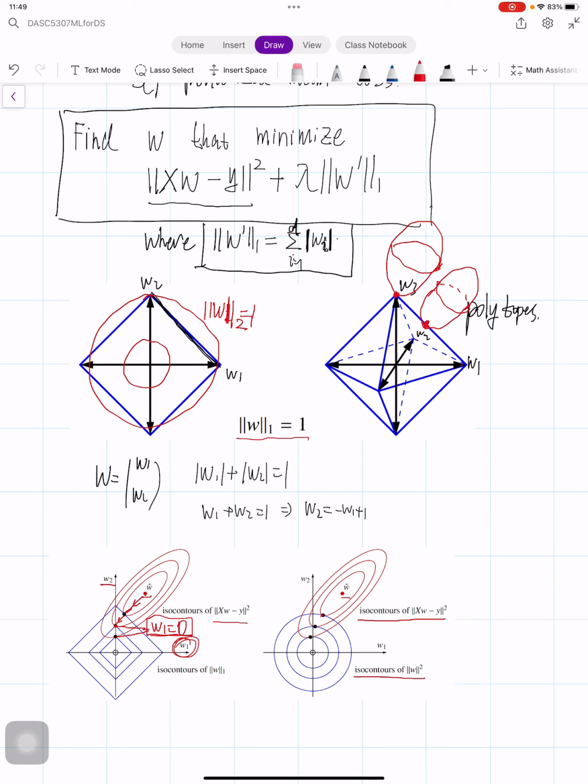So at some point, this regularization will force some of the weights to drop to 0. That's the big idea of lasso regression.